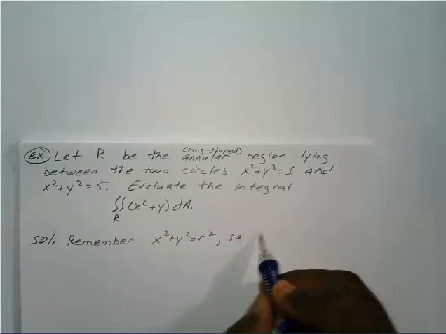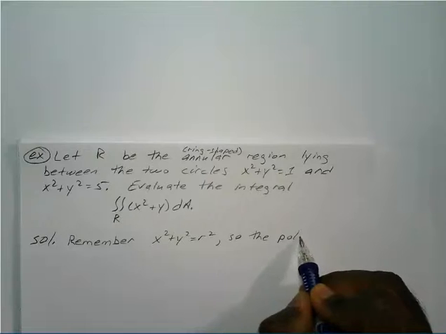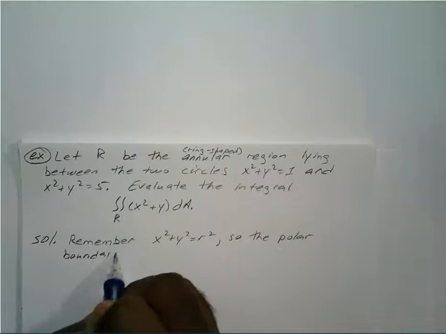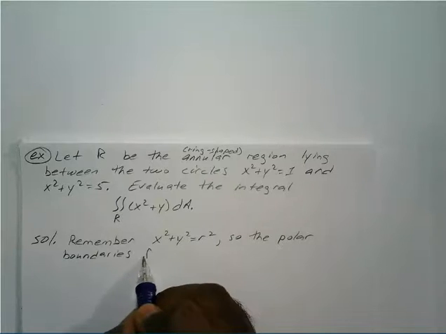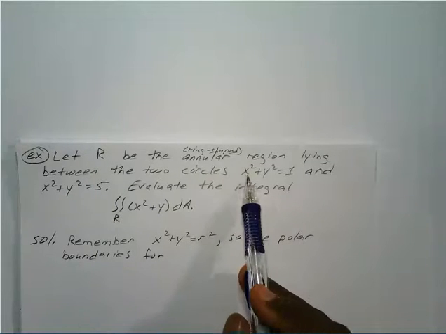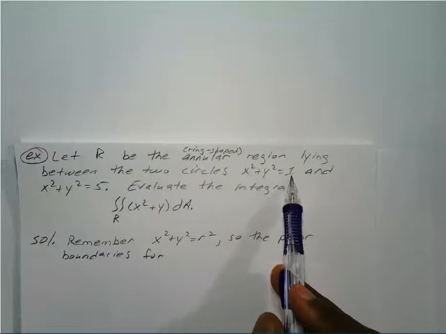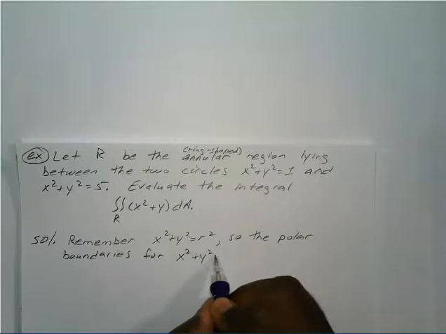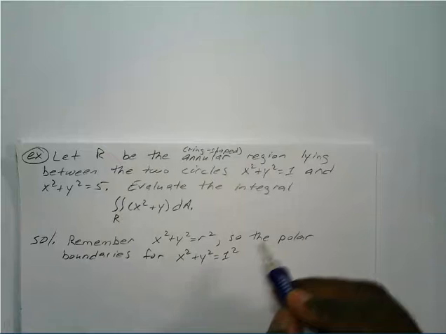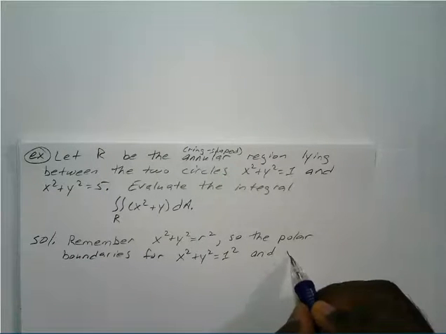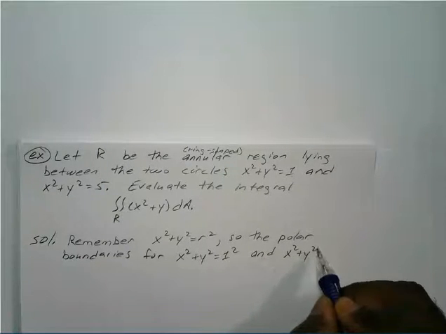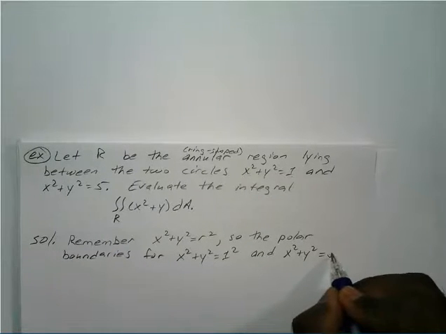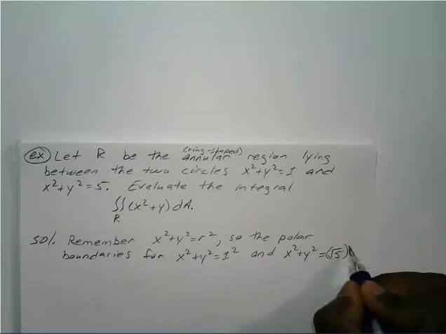Okay, so that means the polar boundaries for, we have x squared plus y squared, we can make that 1 squared. X squared plus y squared equals 1 squared, and x squared plus y squared equals 5, we can make that square root of 5 squared.